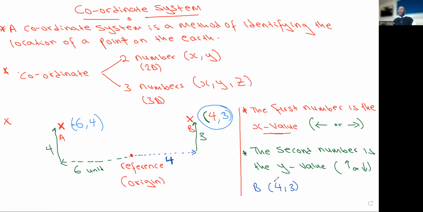When I want to describe point B, I just have to say (4, 3). So from the origin, you go 4 units to the right and 3 units what? Upwards. If I want to describe point A, I just say (-6, 4). So I go 6 units to the left and 4 units up. Okay? And that is that.